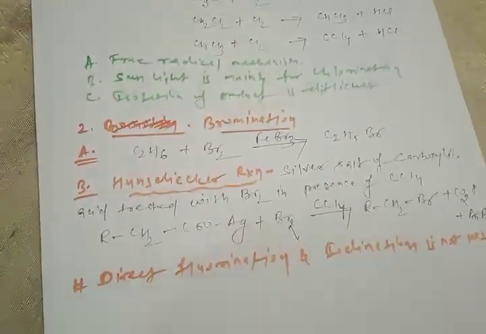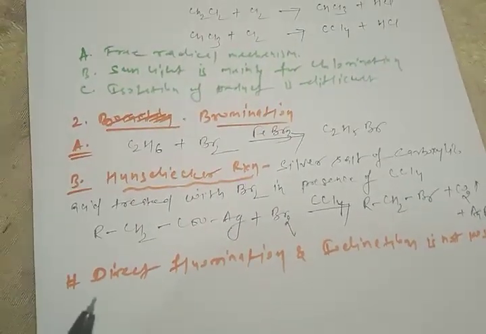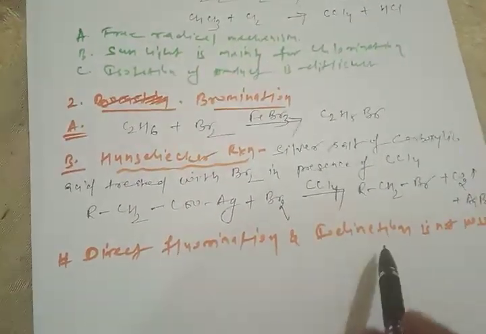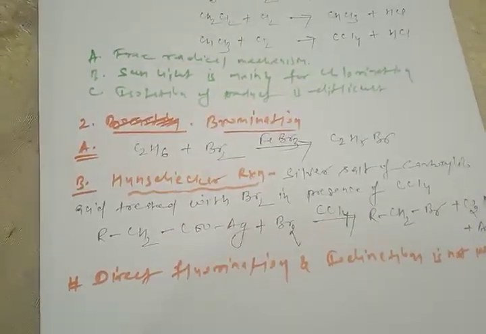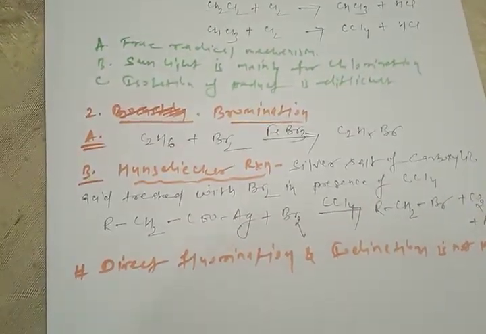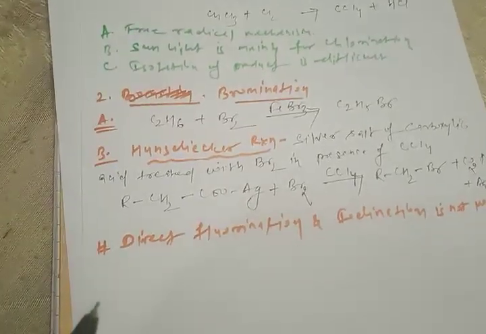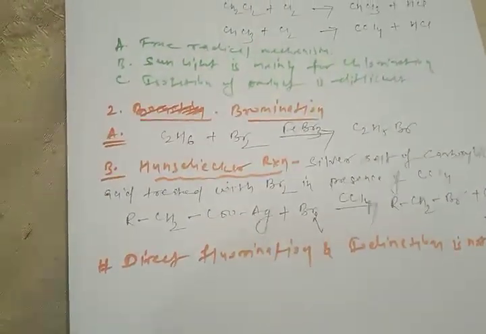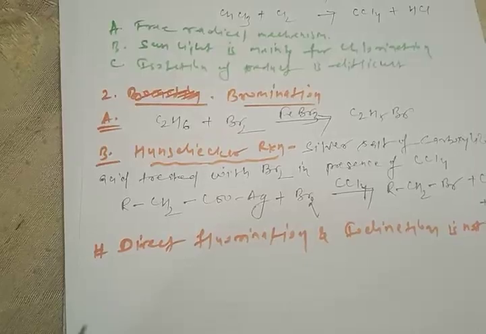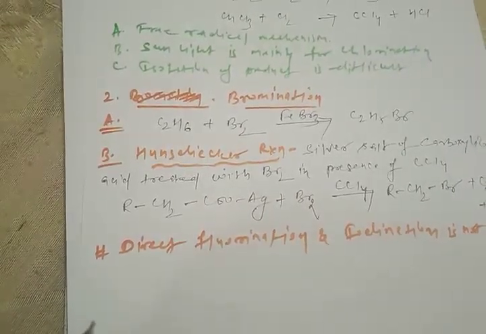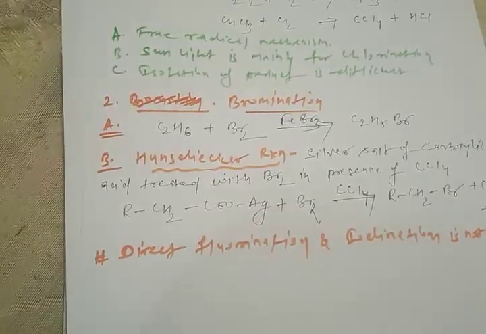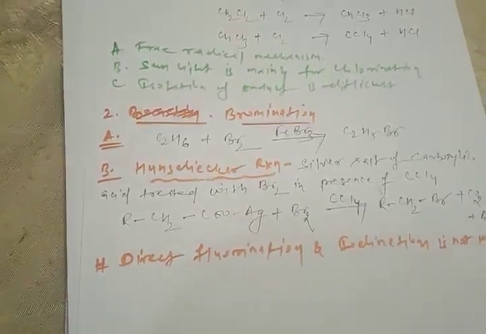Reason: for fluorination we require a large amount of energy to break the F-F molecule, and iodine is volatile in nature. Okay, so what are the other methods to prepare these two compounds? This is called the halide exchange reaction.